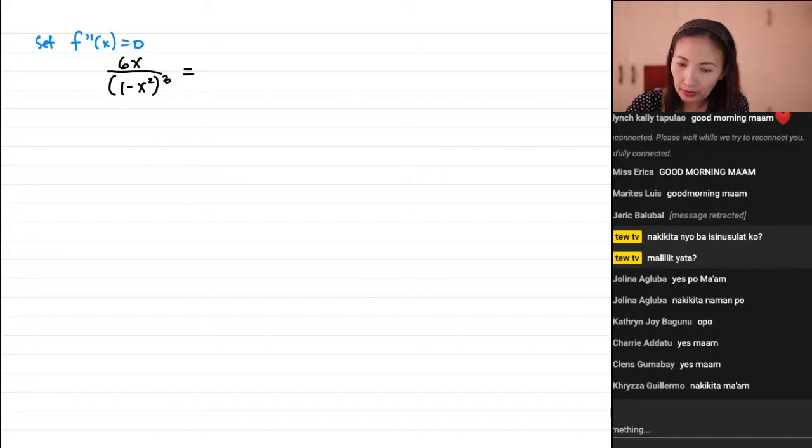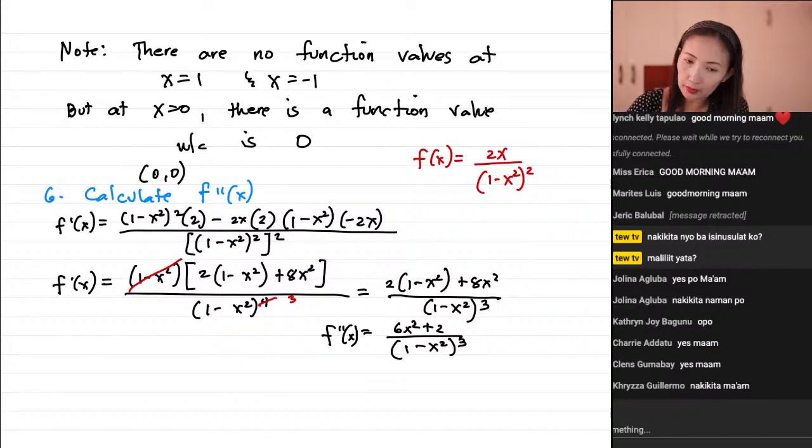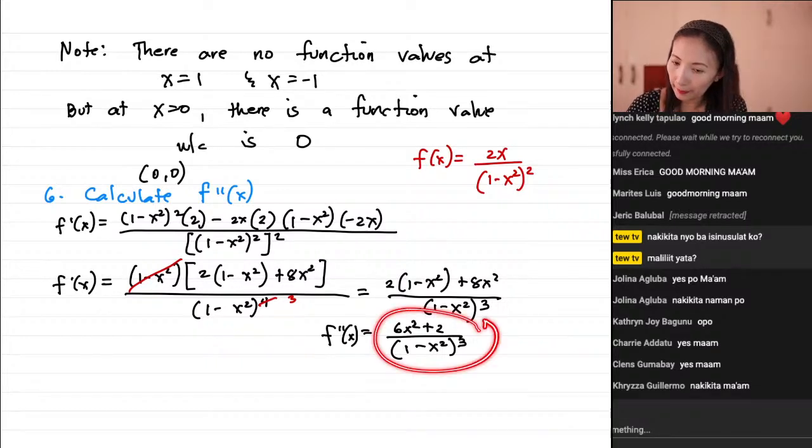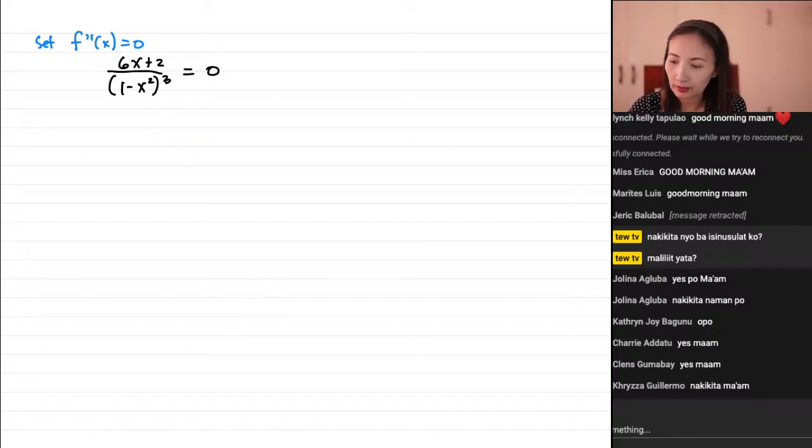Going back, x squared plus 2. Since our numerator is x squared plus 2, sorry, I did not copy very well.